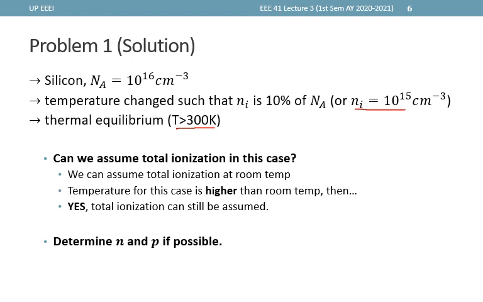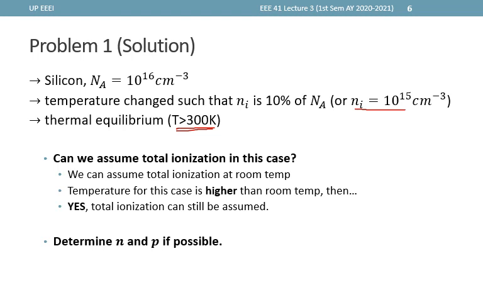So yes, the total ionization can still be assumed, since the higher the temperature, the more dopants are ionized. But if all dopants are already ionized at room temperature, then they would still be ionized at a temperature greater than 300 kelvins. So yes.